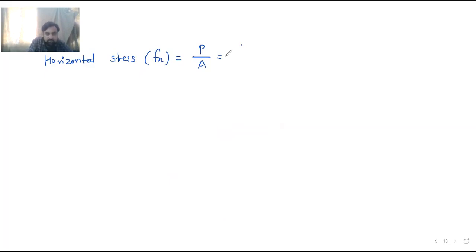So 1000 into 10 raised to 3 divided by BD. Here, instead of A, I will write BD, or BDV. So dV is nothing but d. And here the eccentricity is 0.